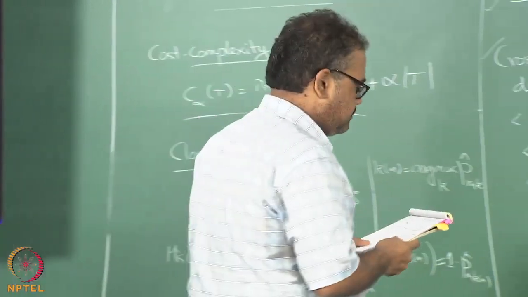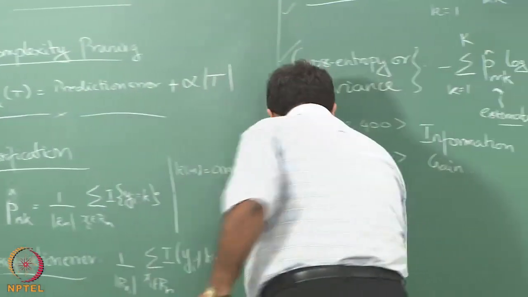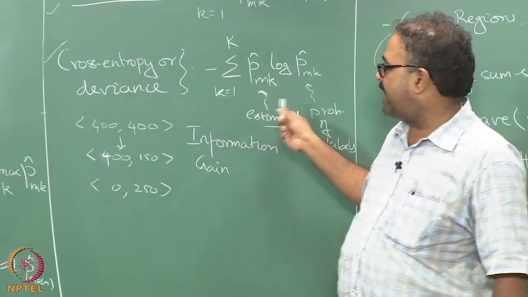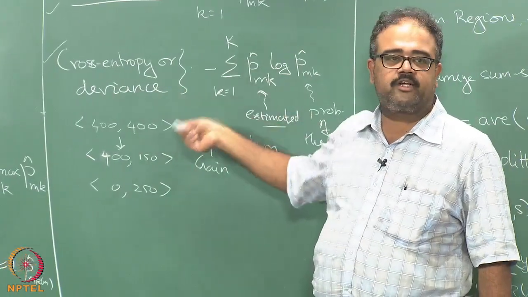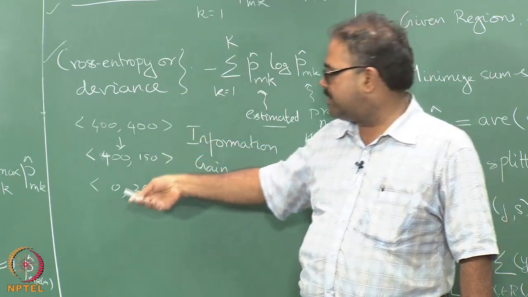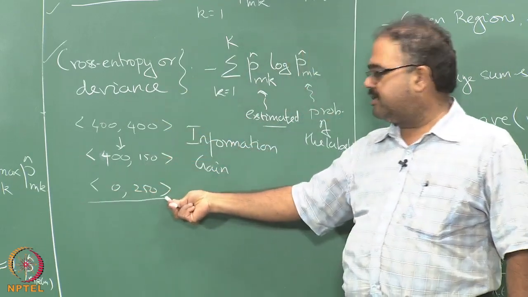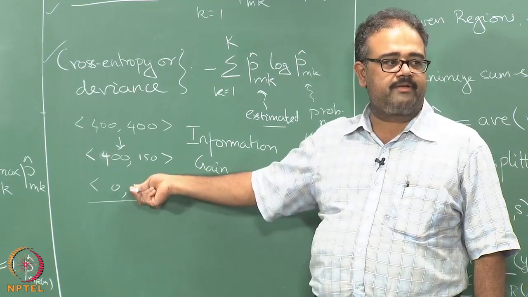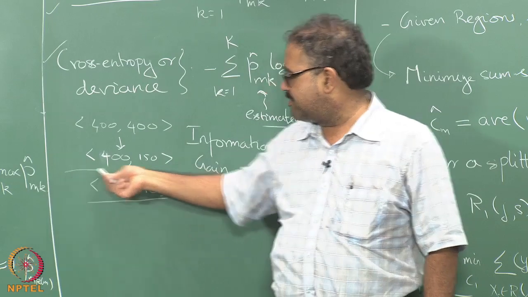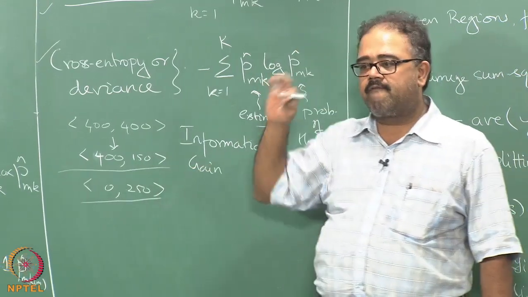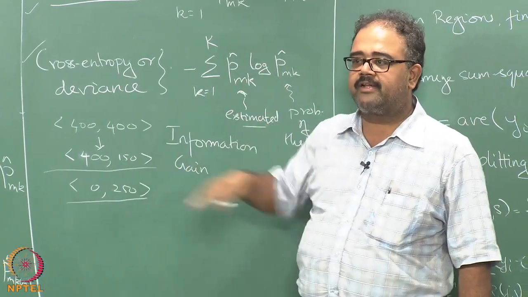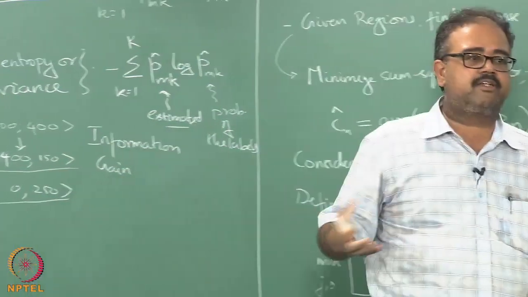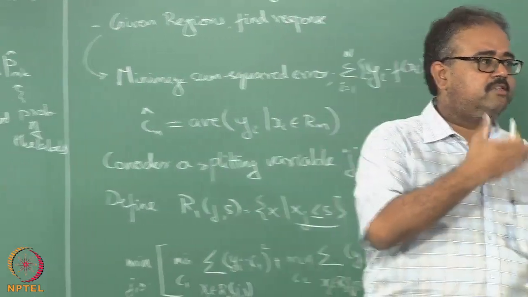So one thing I want to point out: when you are splitting this into two things, I have to find out the overall cross entropy or deviance, right. So what I need to do is, the entropy of this will be weighted by 250 and the entropy of this will be weighted by 550 divided by 800, both of these cases. So I will have to have some kind of weighted combination of the score or the Gini index, whatever it is.